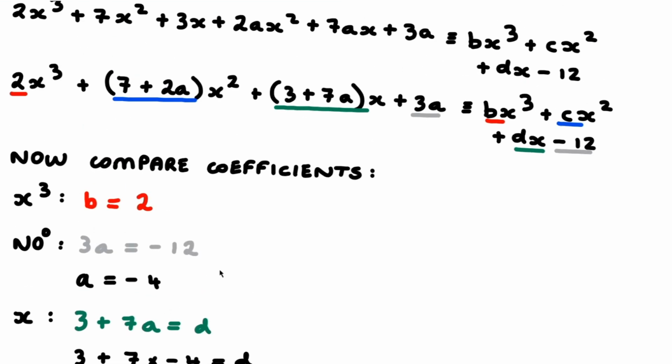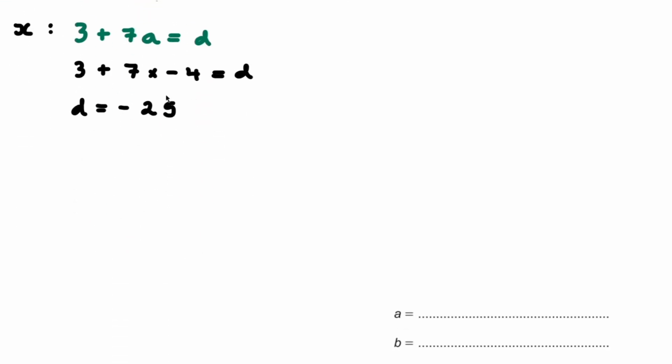And if I compare the x squareds at this point, I've got 7 plus 2a equals c.